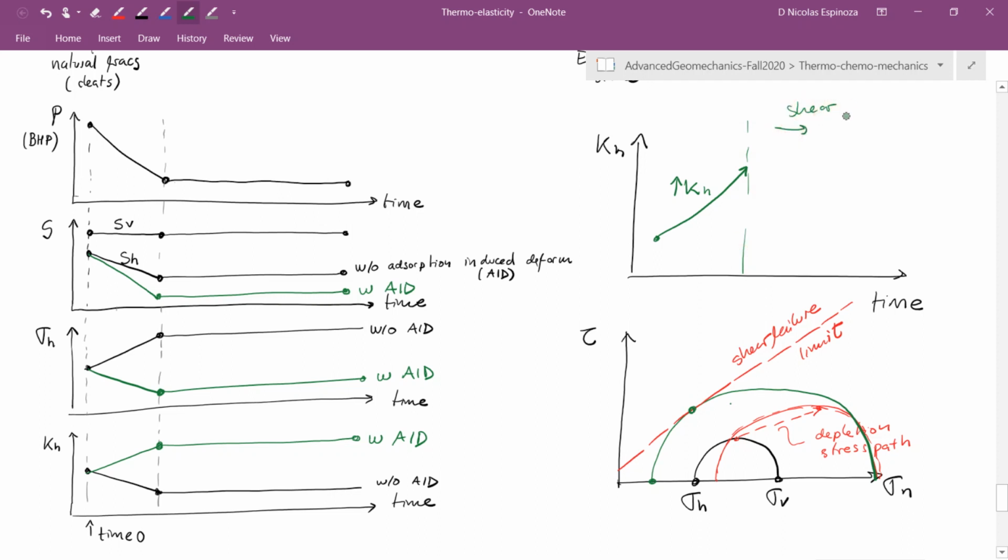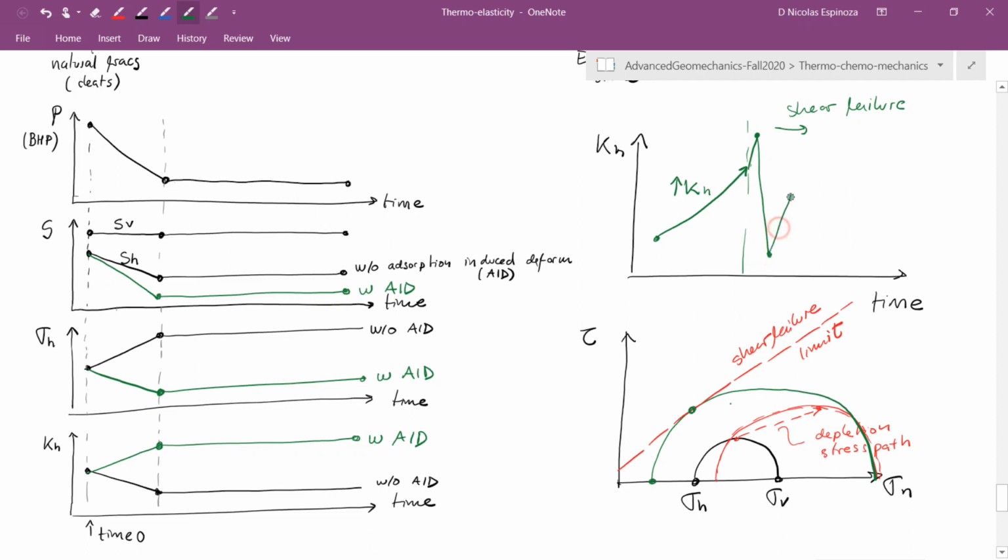what is going to happen is that the rock is going to start to fail, and probably at the beginning you may have some dilation, and the permeability may increase more. Actually, it's going to increase very quickly at the beginning, but then as the rock fails and fines start to get produced between the fractures, this permeability is going to drop.